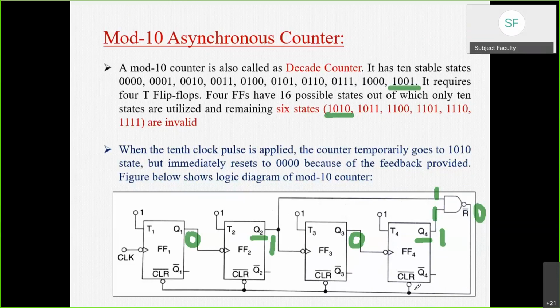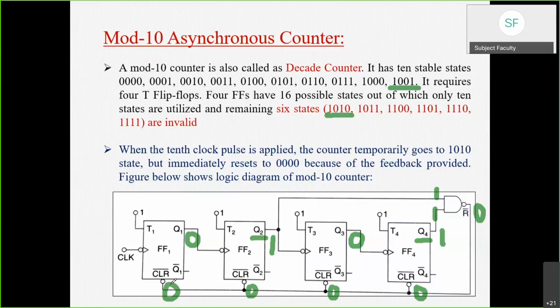As soon as this reset is 0, all flip-flops will receive this 0. And we know that clear inputs are active low. Active low means the pin will work only when 0 is applied to the input.